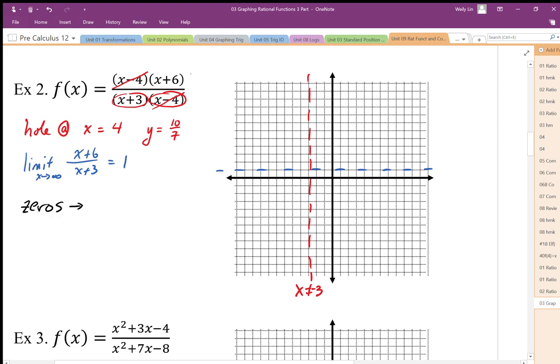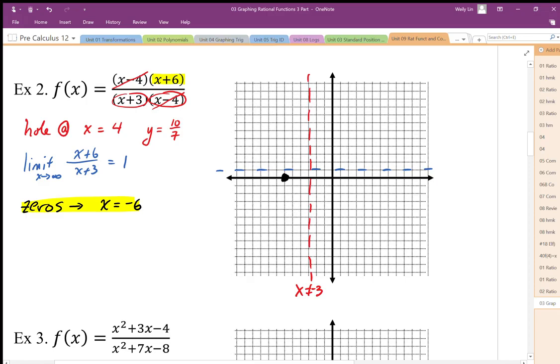So I look at my numerator, and to make my numerator equal to 0, I have x equal to -6. So from that numerator piece, I get my zero. So there's my point, x equals -6, y equals 0. So I know it's going to be in this quadrant here and this quadrant here.